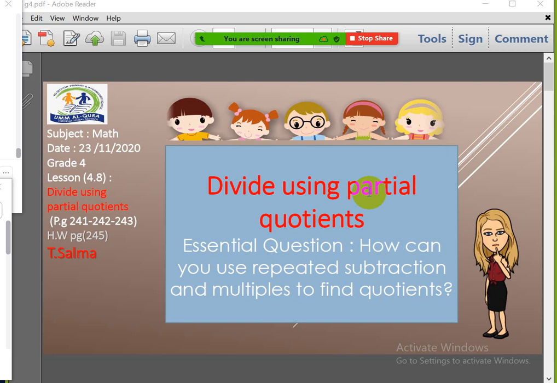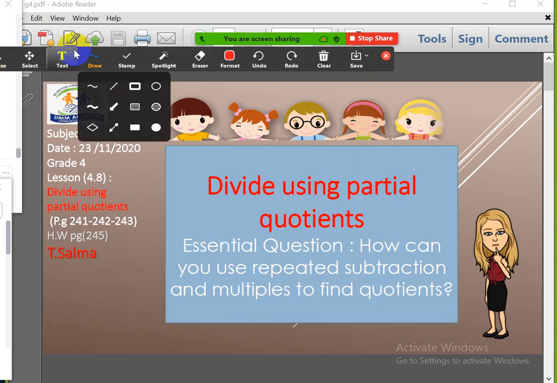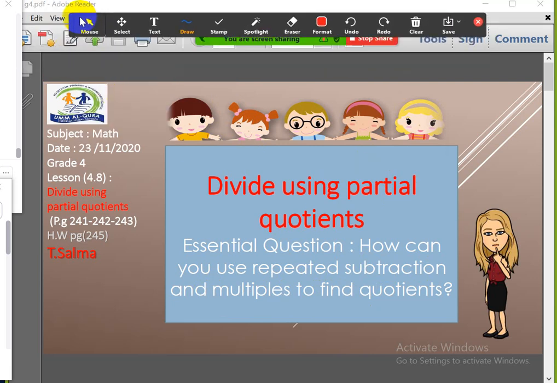In this lesson, how can you use repeated subtraction and multiples to find the quotient? Okay, so I will use the same strategy, which is repeated subtraction also. Let's start.